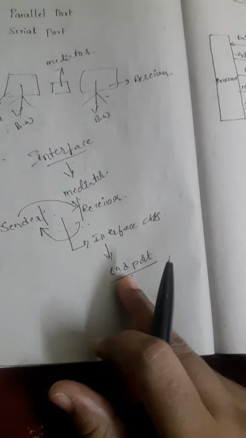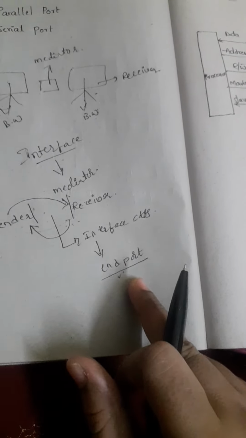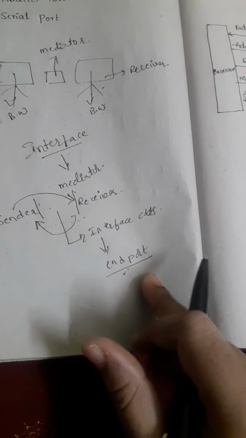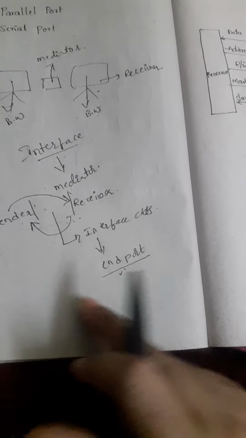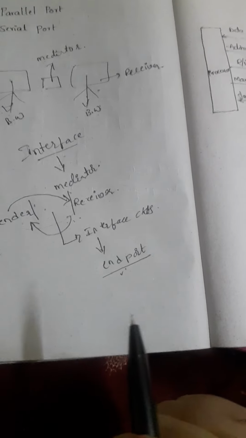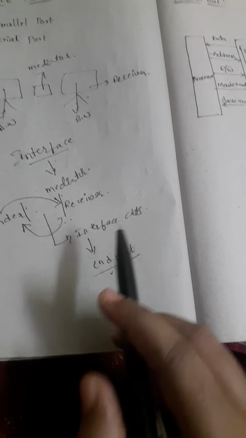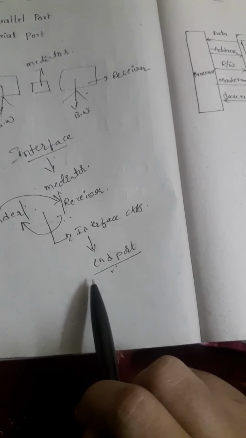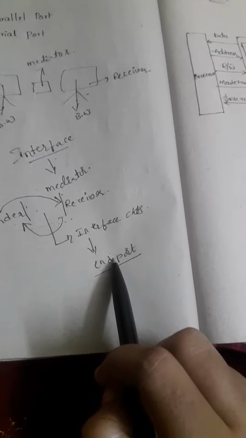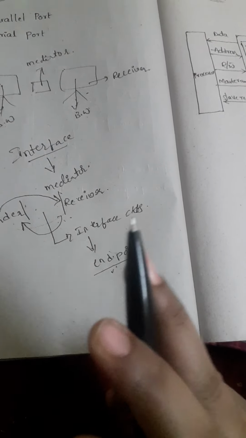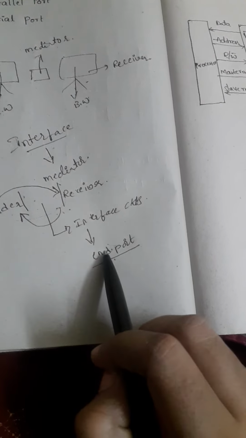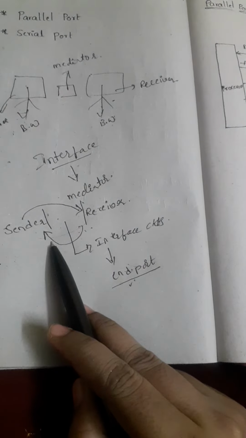With the help of endpoints connectivity we can find out those interface circuits. And there are two ways in which it can connect the interfaces at the sender part and receiver part.